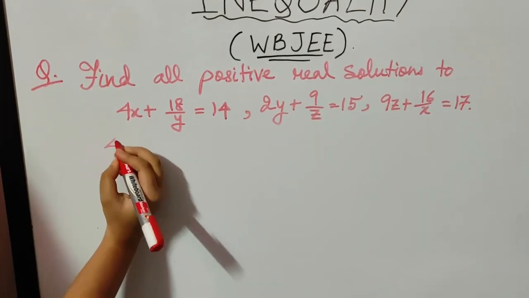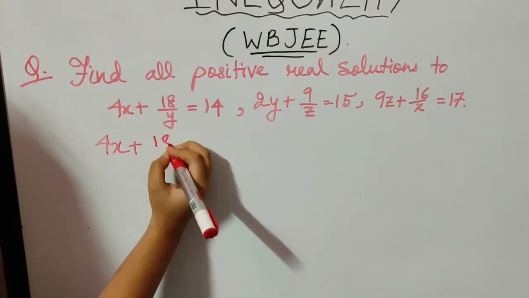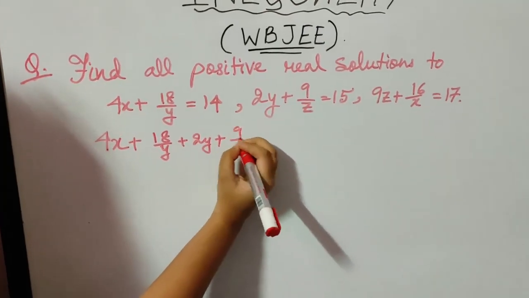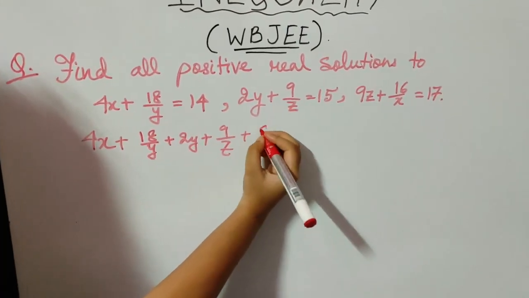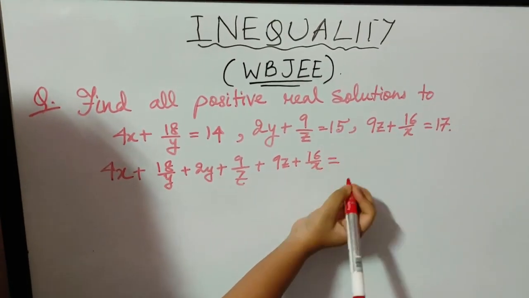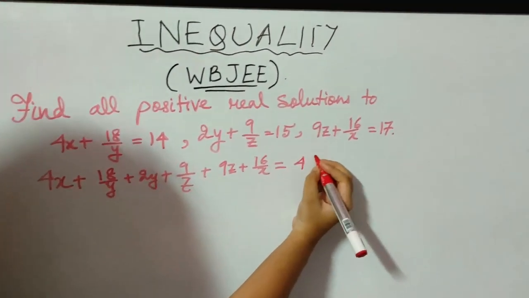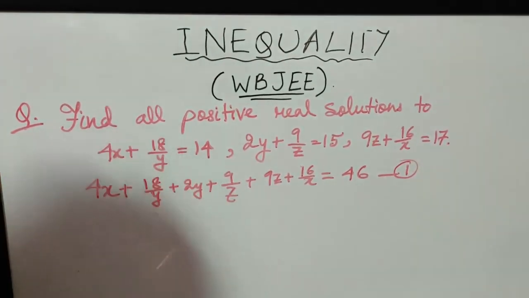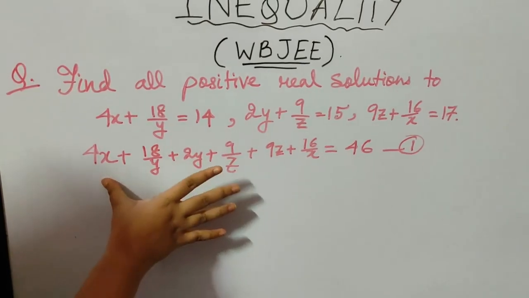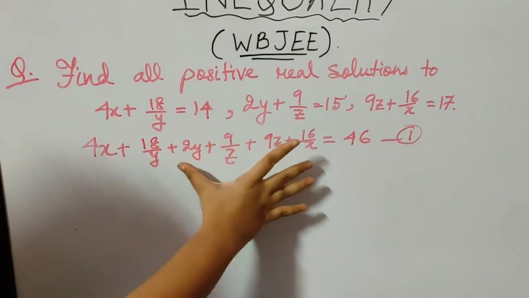So we get 4x plus 18 by y plus 2y plus 9 by z plus 9z plus 16 by x, and adding these three we get 46. We name this equation 1. Now we pair up the terms having x.